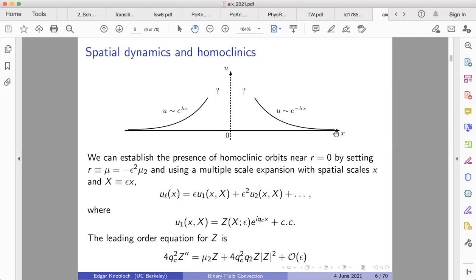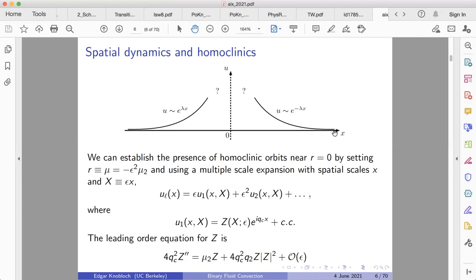You have to pick two parameters, one to get a connection from here to a periodic state, and then from the periodic state back to u equals 0. Notice that in the Fitzhugh-Nagumo problem, you actually don't have solutions of that type. You have just pulses, and the pulses are just homoclinics. They are not a pair of heteroclinics, one connecting u equals 0 to a periodic orbit, and then from the periodic orbit back to u equals 0.